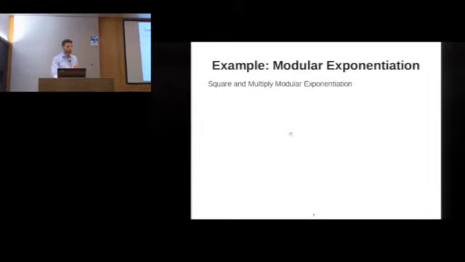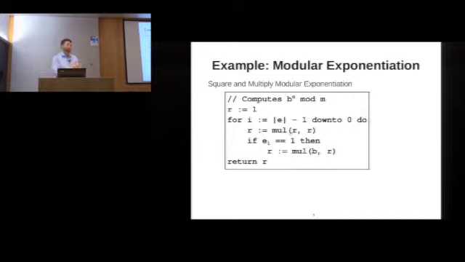First, we have the square and multiply algorithm for modular exponentiation. There we compute a base to a power e modulo n. And in crypto systems such as RSA and ElGamal, our exponent is going to be our secret key. So what's happening here is that we go from left to right over the bits of our key.